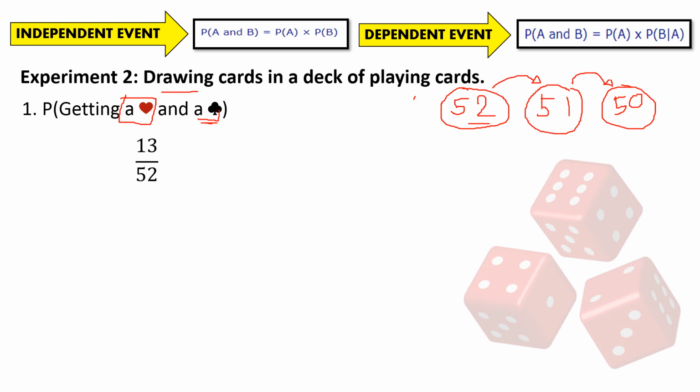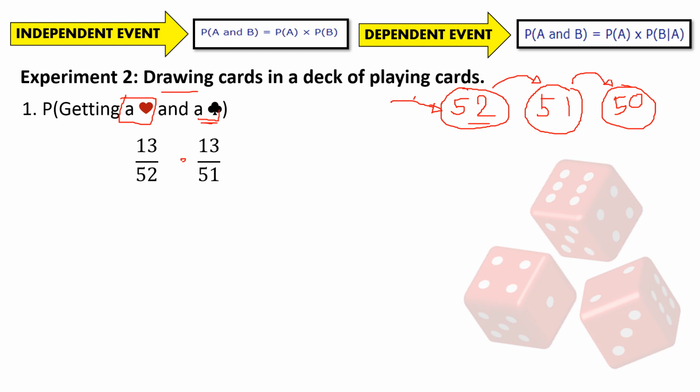If we get a single heart out of 52 cards, it will now become just 51. So we are going to have 13 over 51, since we have 13 pieces of clubs, and it will now become 51 only because we managed to get a single heart. So that is how we deal with the probability under dependent events.